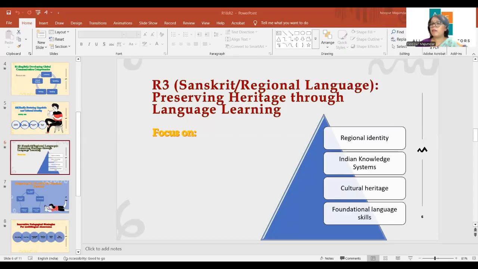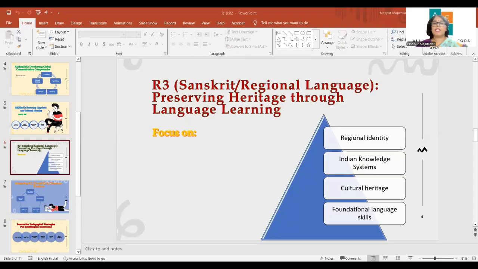And my peers, my friends, will be able to know Bengali also, right? If I am in Kolkata, right? Otherwise, Sanskrit or any other language of the state to which I belong. It is about preserving India's linguistic and cultural heritage.